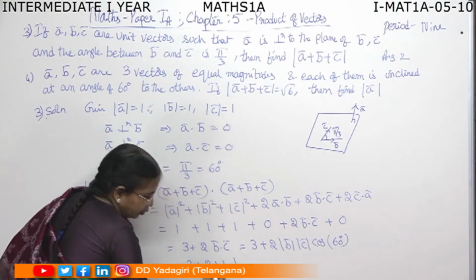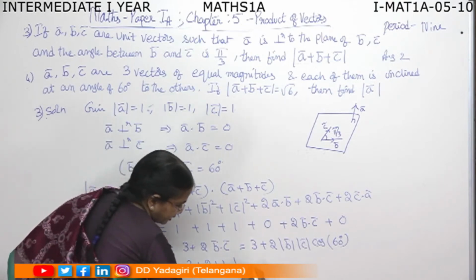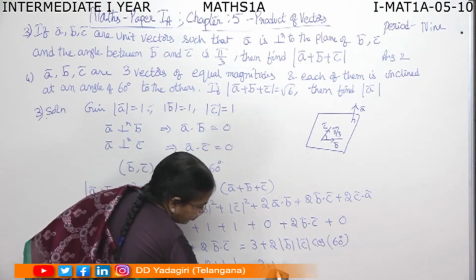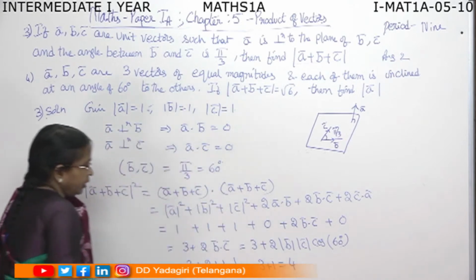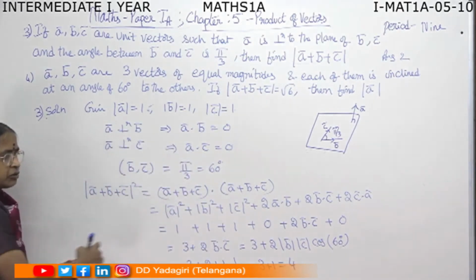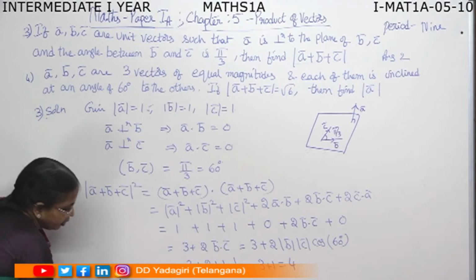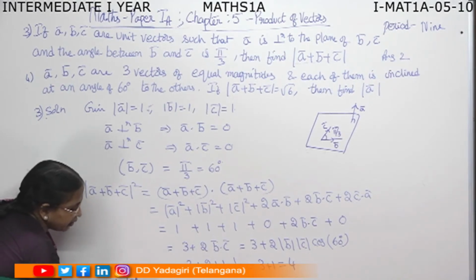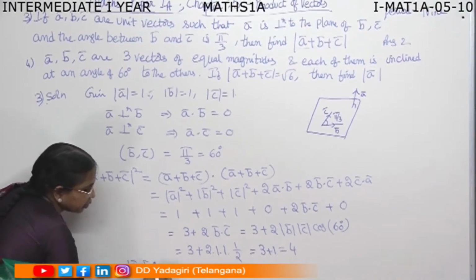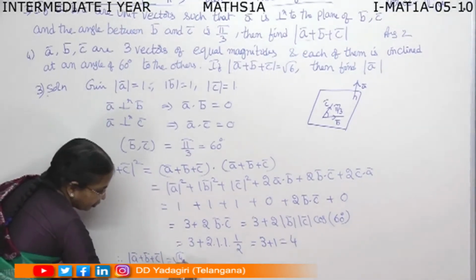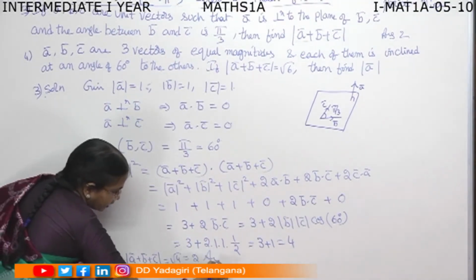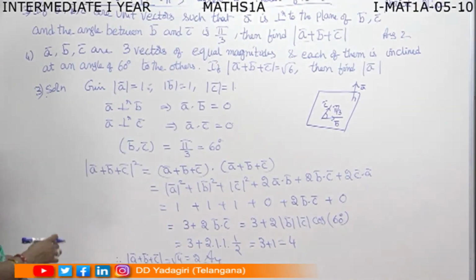So 1 by 2, 2 and 2 get cancelled. So it is 3 plus 1, that is 4. So mod A plus B plus C whole square is equal to 4. Therefore mod of A plus B plus C is equal to root 4, that is 2. So this is your answer. So like this we do the problem.